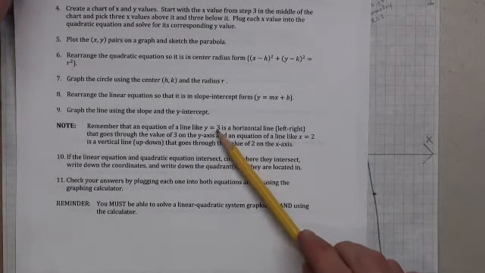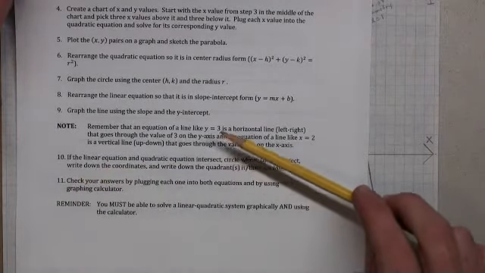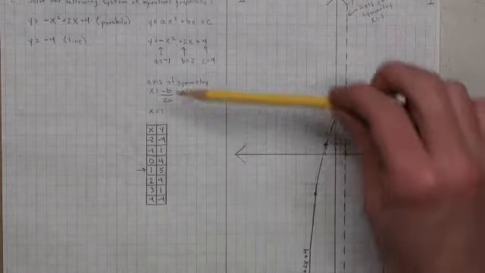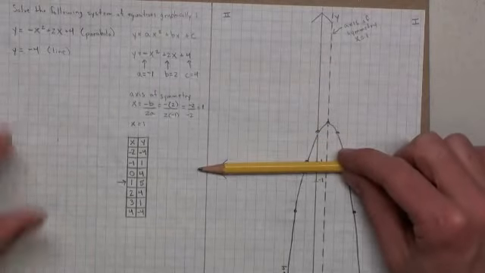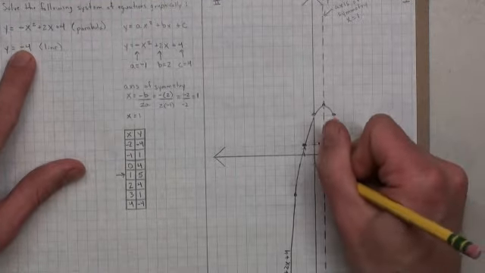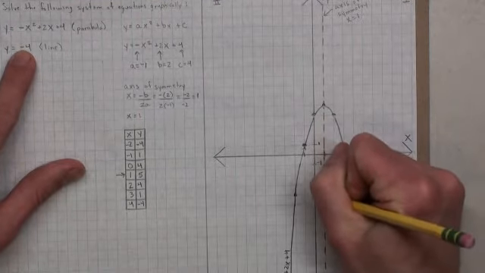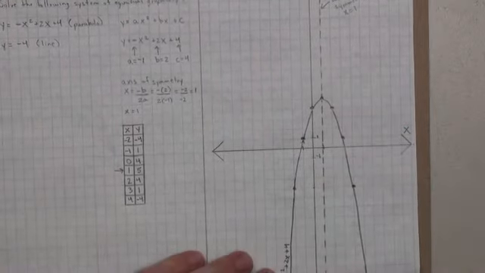So it goes through whatever that number is, and it's a horizontal line. And it goes through that number on the y-axis. Okay, so this will be a horizontal line somewhere here, and where it is it goes through -4 on the y-axis. So here's -1, -2, -3, -4. It's going to go like this. So I draw it in.